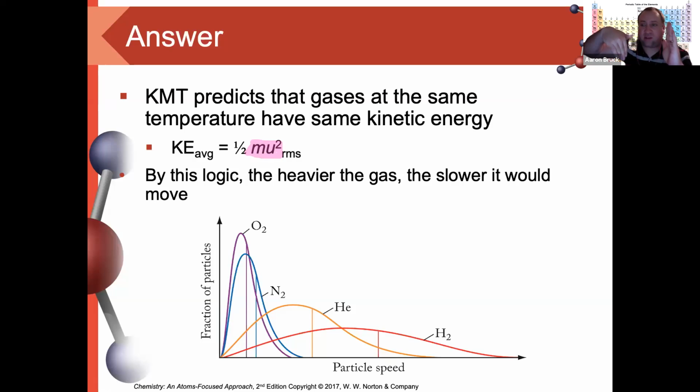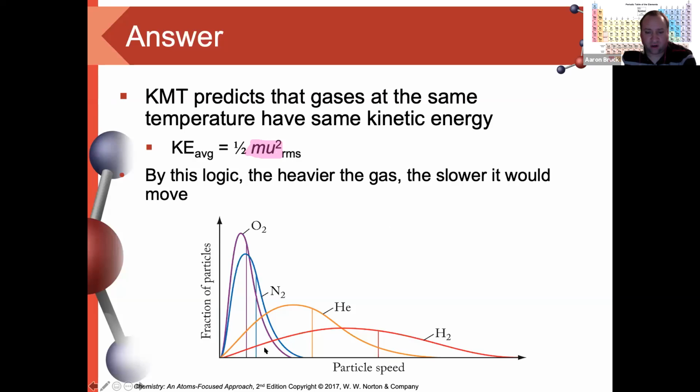And if the mass goes down, the speed will increase to accommodate that, to keep the kinetic energy at a constant value. And so Malaz's statement overall is correct. The heavier the gas is, the slower it's going to move. The lighter the gas is, the faster it's going to move. And we can show this.